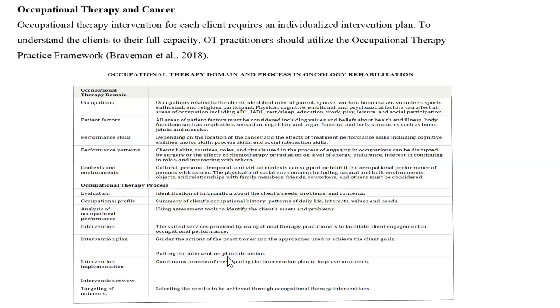Now, to understand the client, as we know, all different cancers have different stages, and every person will react differently. So you have to develop an individualized intervention plan, and to completely understand the client, you have to start with the occupational therapy domain and process, which covers almost all the factors and will help you to break down all the meaningful activities the client wants and their background, their desires.